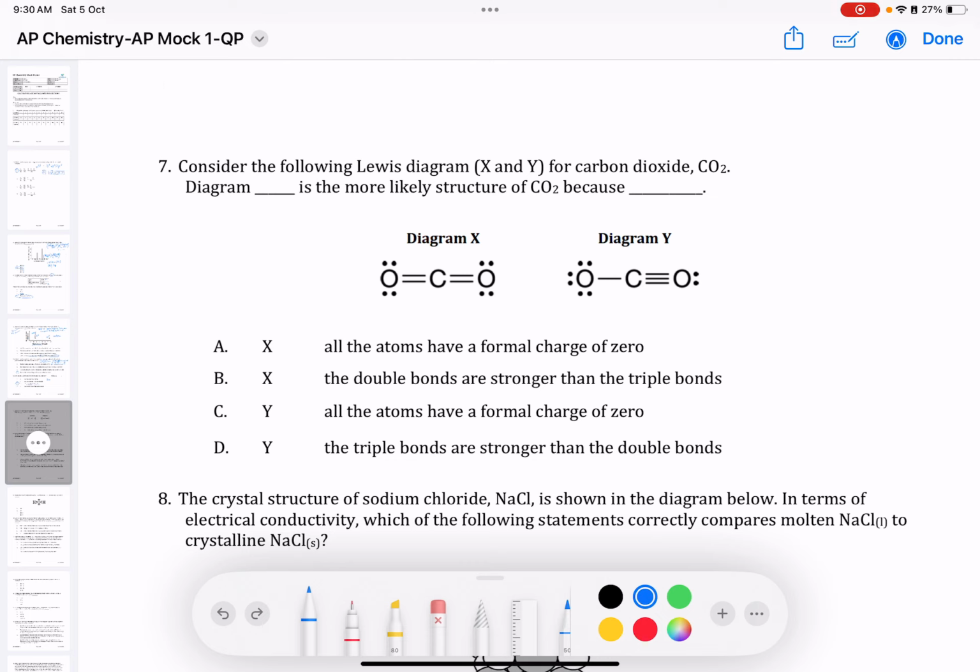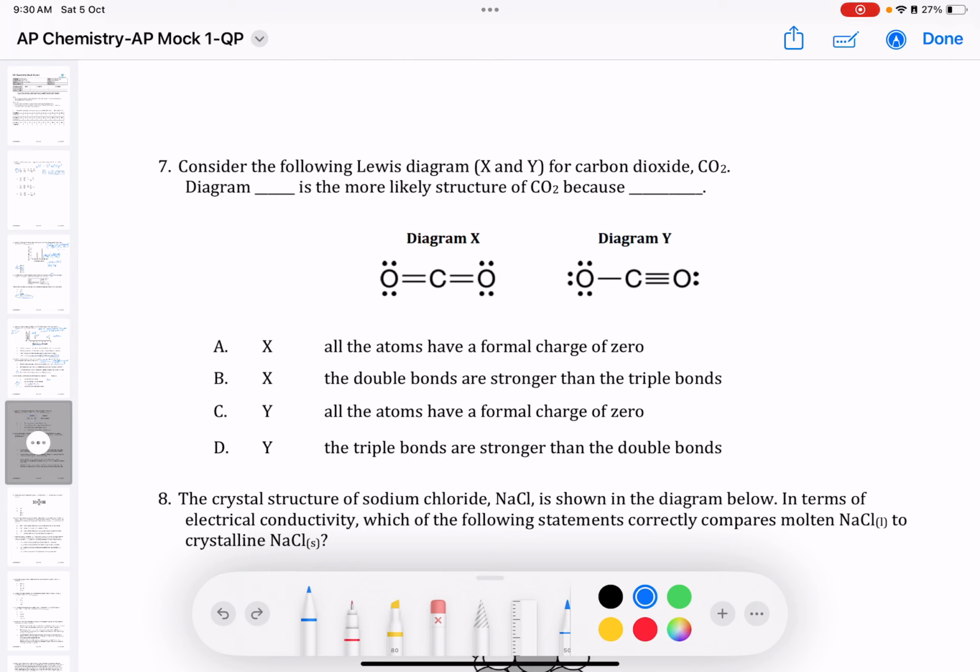Moving on in the questions, consider the following Lewis diagrams X and Y for carbon dioxide, CO2. Which of X or Y is the more likely structure of CO2? Now, this is an easy question. Here's diagram X. This is the correct one.